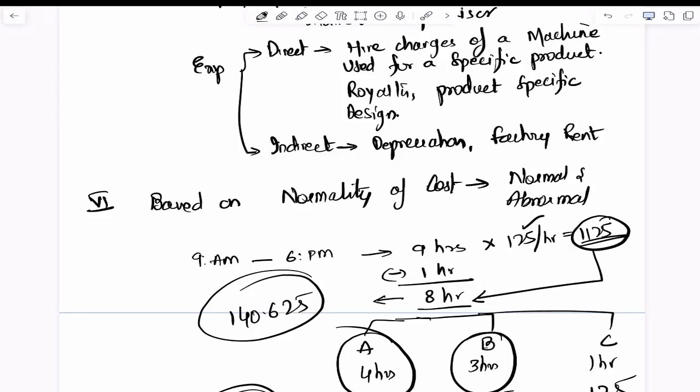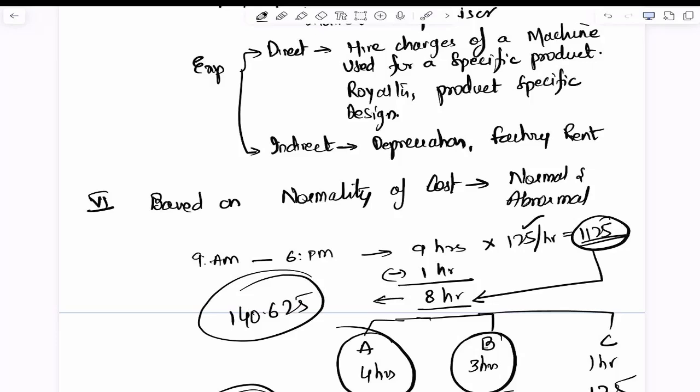Next line. The cost of normal loss should always be adjusted to the cost of the remaining good units.